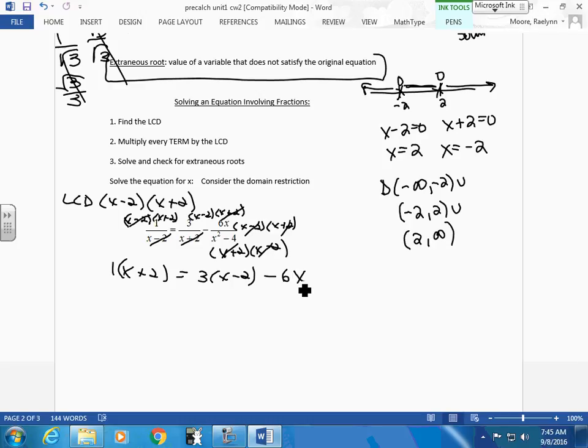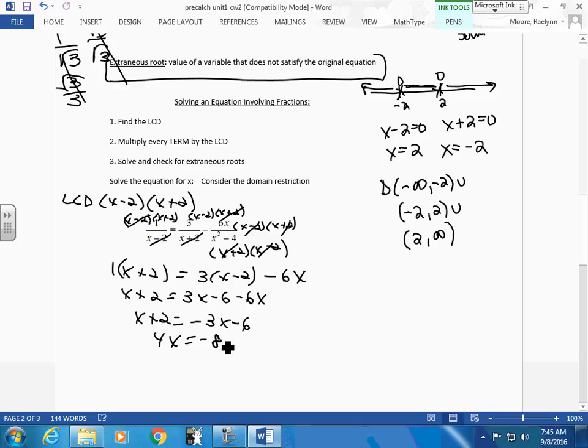And then you solve. So this is x plus 2. Collect your like terms. And solve for x. So if you add 3x and you subtract 2, x is equal to negative 2.